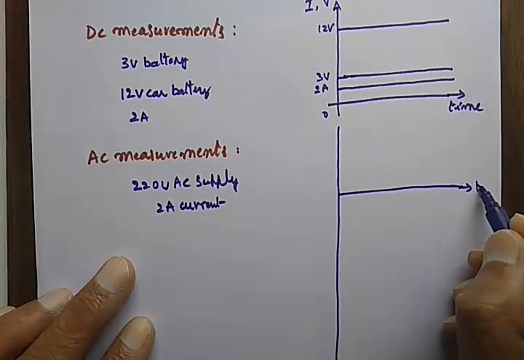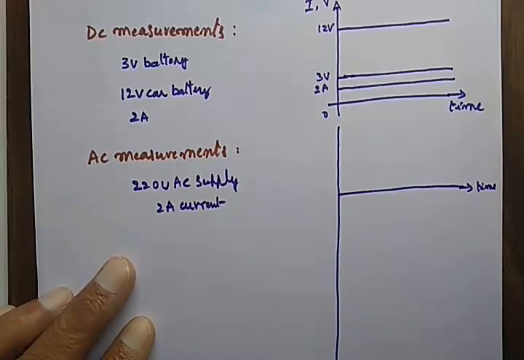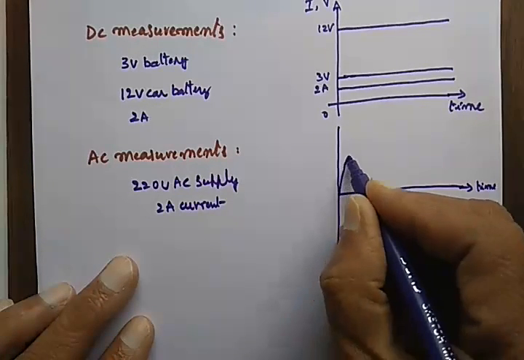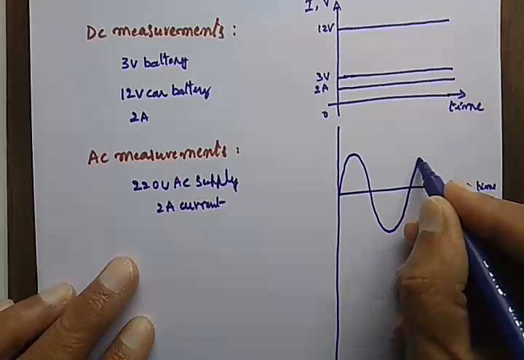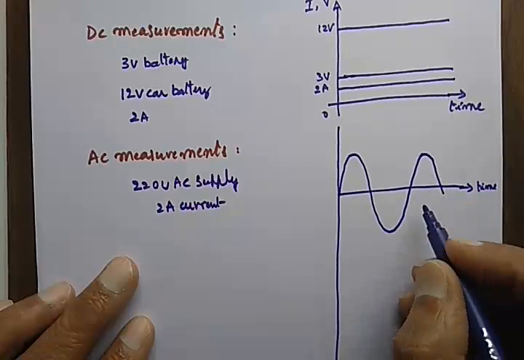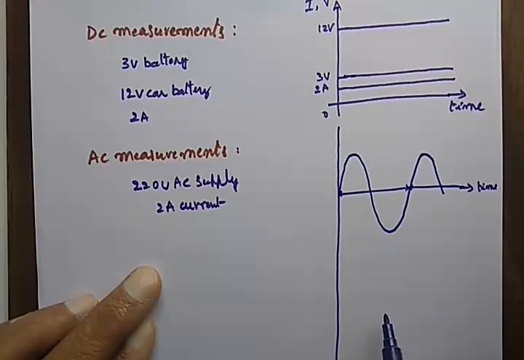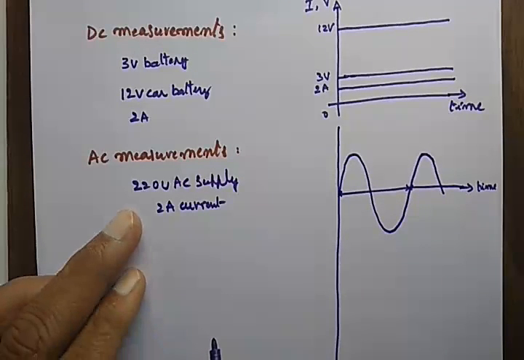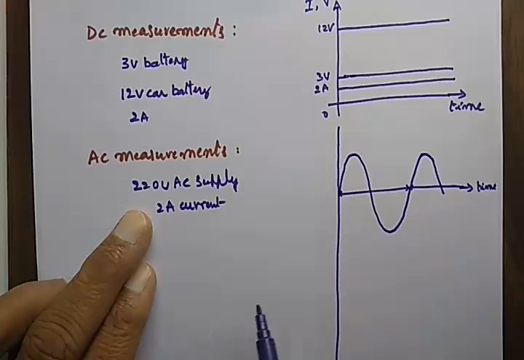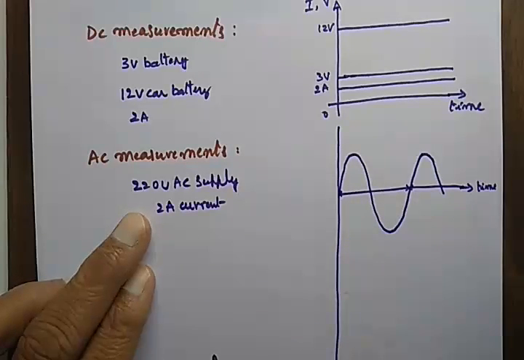So this is again the time axis. Let me draw one full cycle. Like that it goes. From here to here is one full cycle. When we say 220 volts, which part of it represents 220 volts?